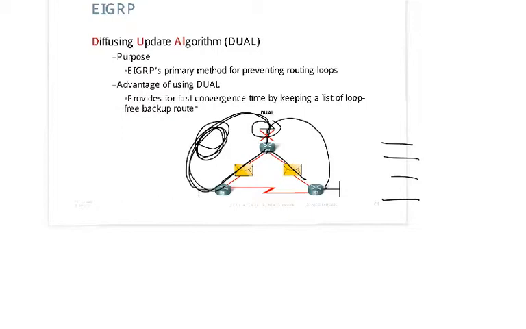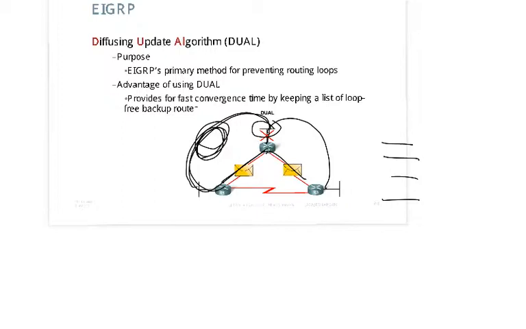So the DUAL algorithm will query all the possible loop-free routes to a specific network, and it keeps that in a cache, and when any network change happens, it grabs another loop-free route from this cache. And again, to know that a route is actually loop free, you have to learn the topology. It's not an easy job.